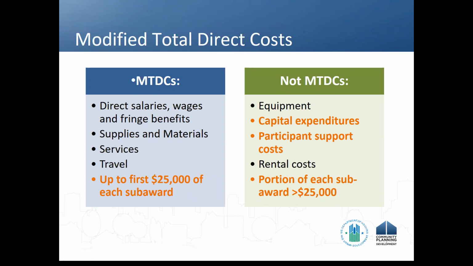And in the example we looked at, there were 3 sub-tier subawards and 2 direct subrecipient awards. So 5 subawards total. And MTDCs exclude capital expenditures, participant support costs, and of course, the portion of each subaward greater than 25,000.